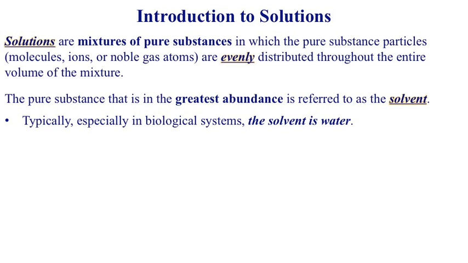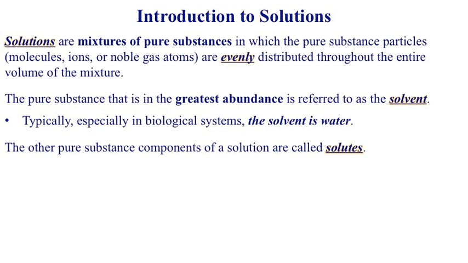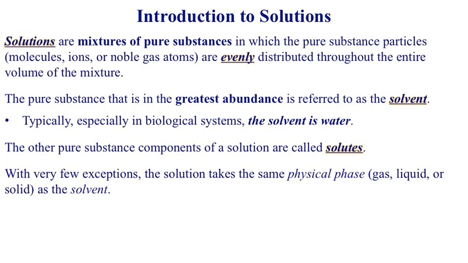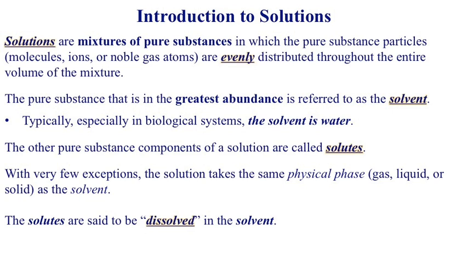Typically, in biological systems, the solvent is water. The other pure substance components of a solution are called the solutes. With very few exceptions, the solution takes the same physical phase, that's gas, liquid, or solid, as the solvent. The solutes are said to be dissolved in the solvent.